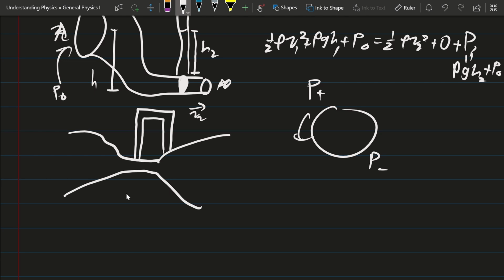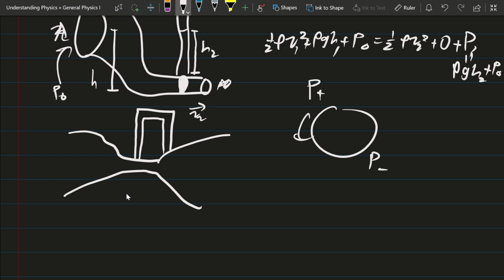Even though this is very hard for you to solve by hand, even for me, I still don't know how to compute this. But based on the Bernoulli effect itself, you could know that there will be a pressure gradient. And thanks to that pressure gradient, you could see the ball moving. So that's why, for example, if you play ping pong, you could sometimes set the ball to be flying quite high or spinning in the air, thanks to the Bernoulli effect.